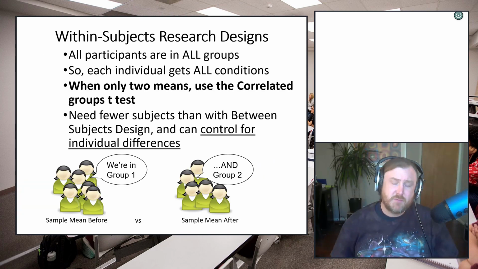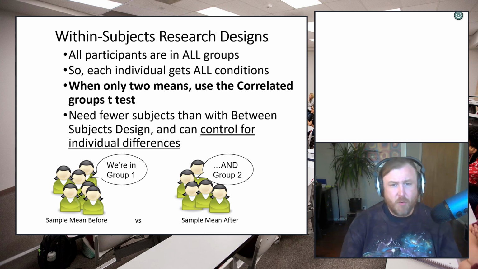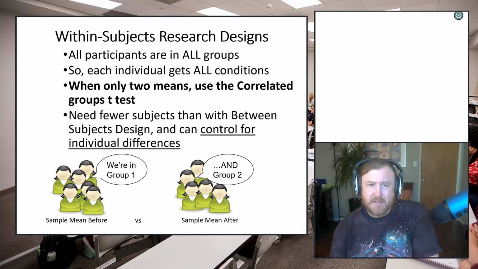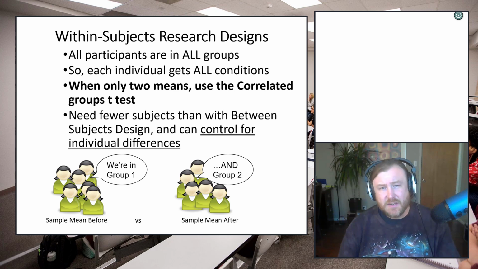In a within subjects research design, it's distinct. We have the same people and we measure them before, and then we do something, and then we measure them after, right? So all participants are measured twice. Each individual receives both levels of the independent variable.